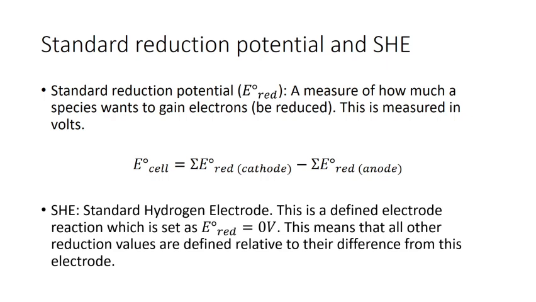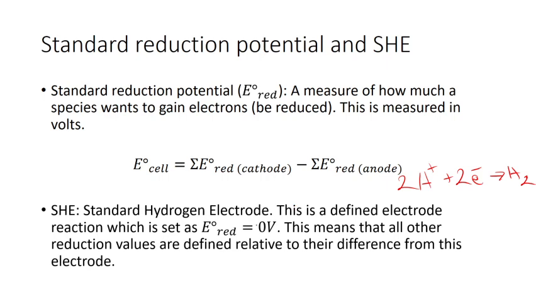And no discussion of standard reduction potential would be complete without a discussion of the SHE, or the standard hydrogen electrode. This is a defined electrode with the reaction where hydrogen ions take in electrons, being reduced to form hydrogen.